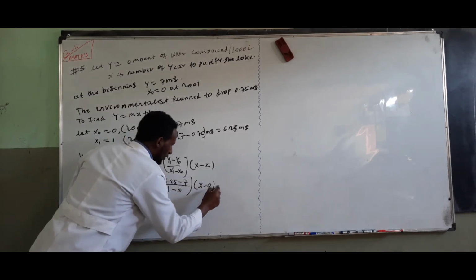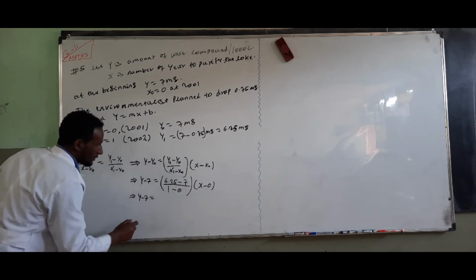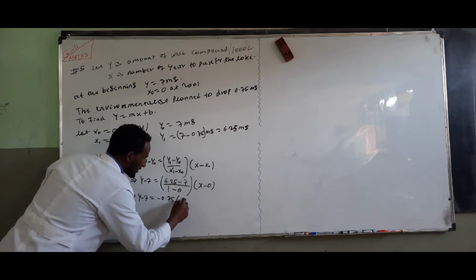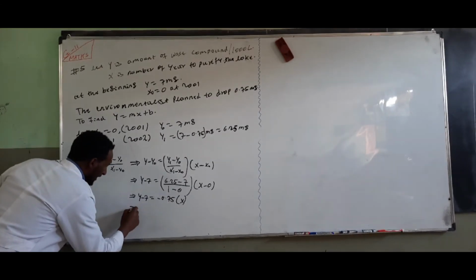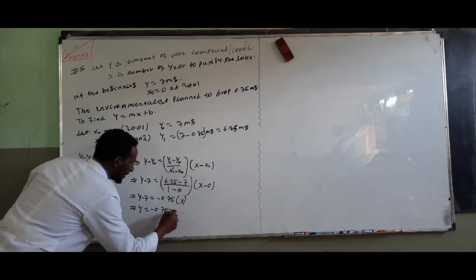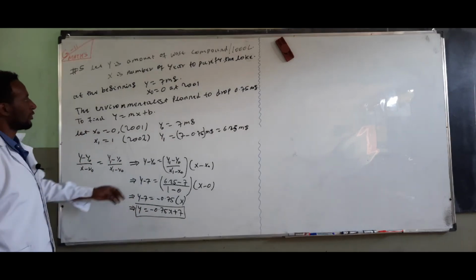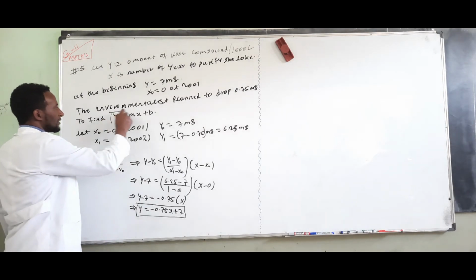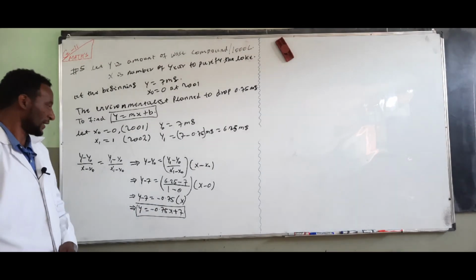This implies that y minus 7 is equal to negative 0.75 over 1 times x, because x minus 0 is x. This implies that y is equal to negative 0.75x plus 7. This is the mathematical equation for the given word problem. That's what we require.